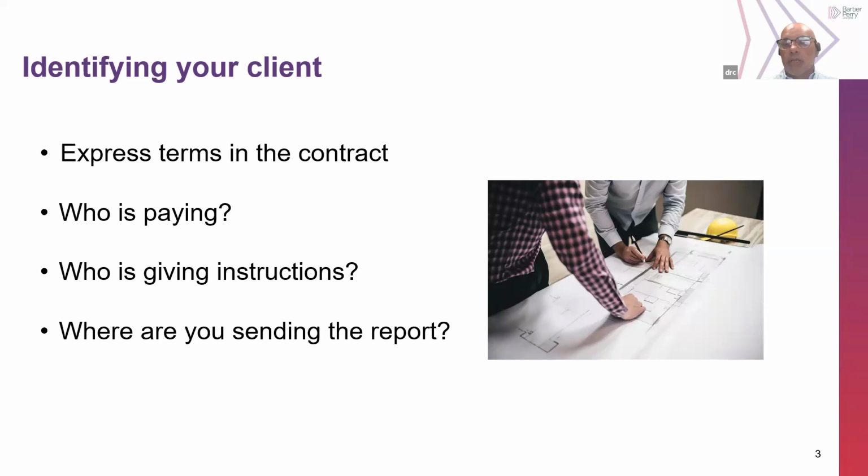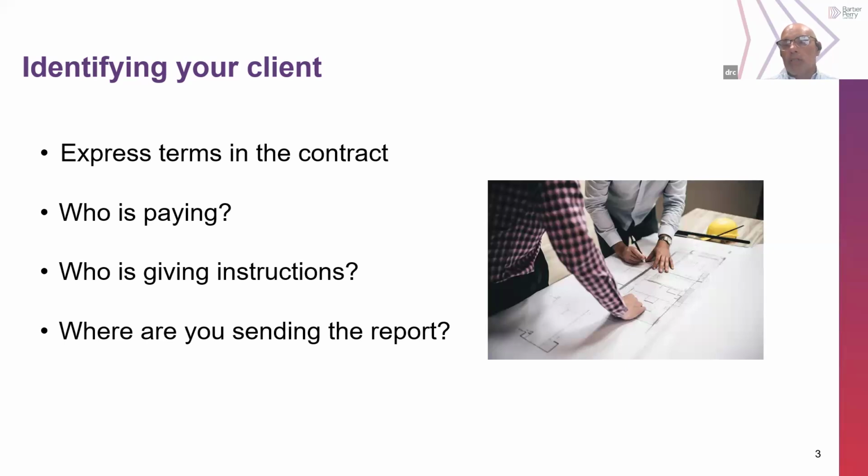Does that mean you're going to be liable to just Mrs. Bloggs, who's the name on your contract, or to Mr. Bloggs as well? Can Mrs. Bloggs have a crack at you for following Mr. Bloggs' instructions in terms of what you were to look at and what you were to do? So you need to be careful around that as well.